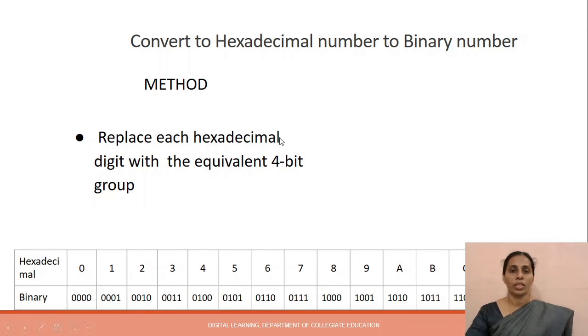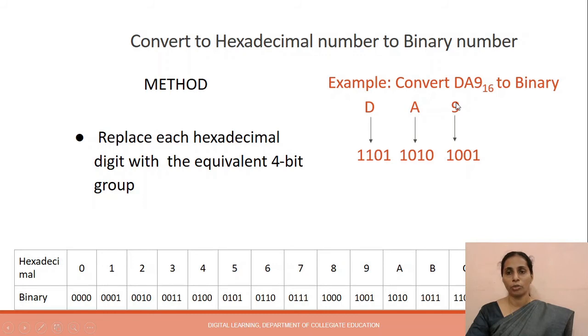Now the reverse conversion we can see, that is from hexadecimal to binary. The table shows the hexadecimal symbol and its corresponding 4-bit group. The problem is to find the binary equivalent of DA9, which is a hexadecimal number.